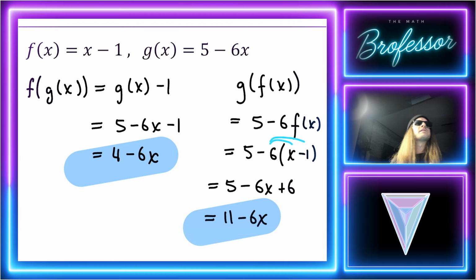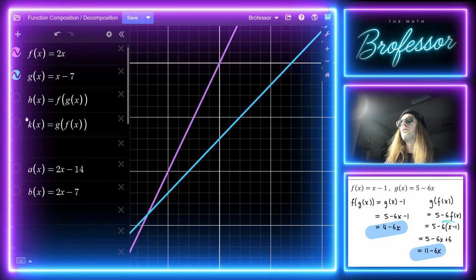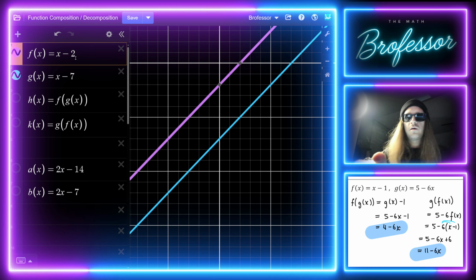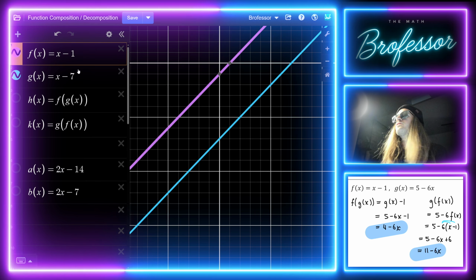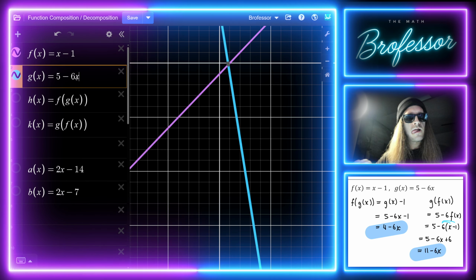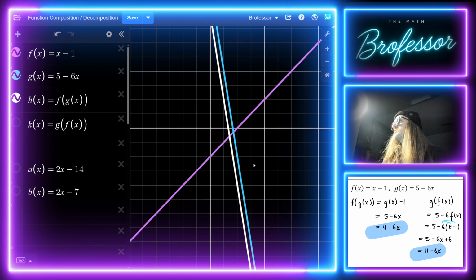Good, right there. We can see all that. All right. So our f is now x minus 1. Our g is 5 minus 6x. And then, all right, so here's the composition. Ooh, it's right up against it, the white one. Zoom in a little bit.